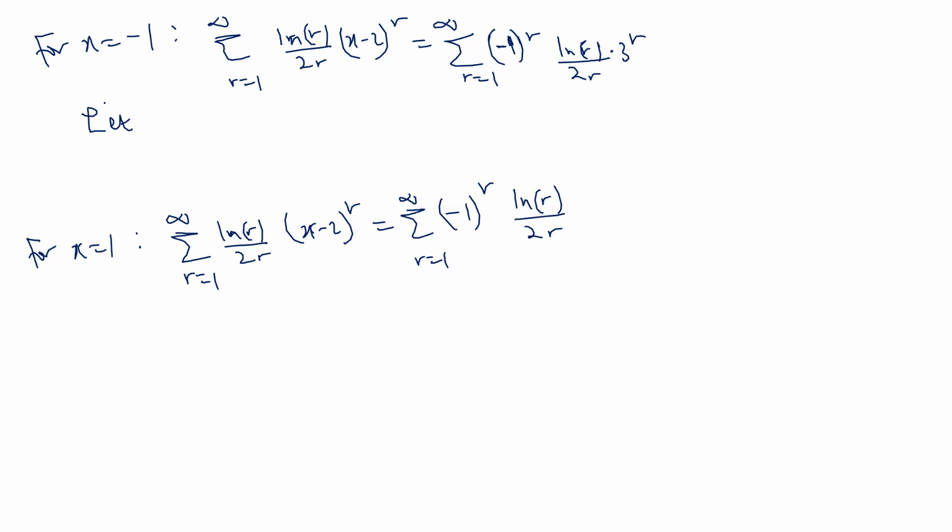Okay, so if you let Bn to be ln n, which is going to be the same thing in both cases, because they're both alternating, at 3 to the power n.